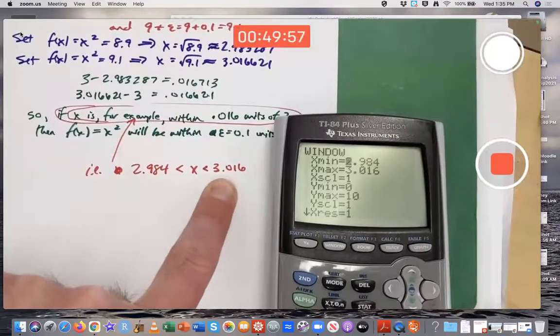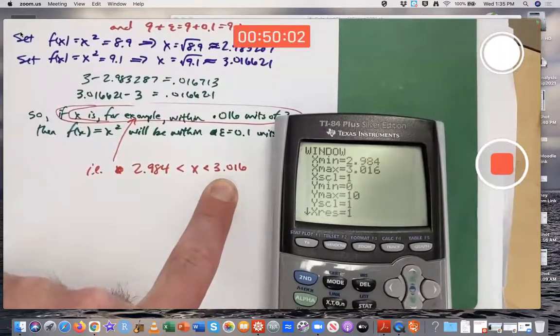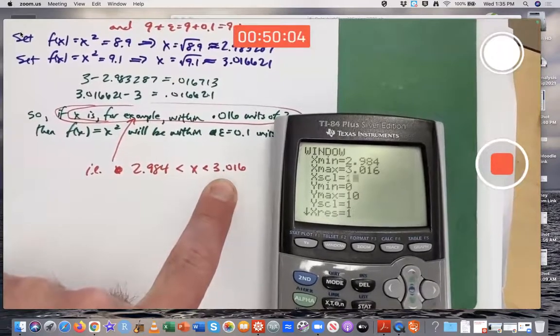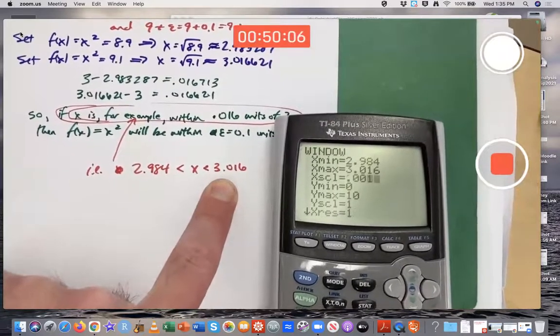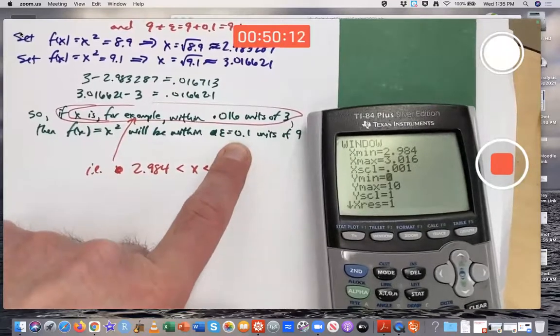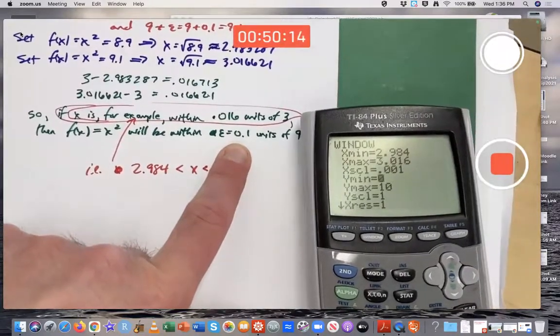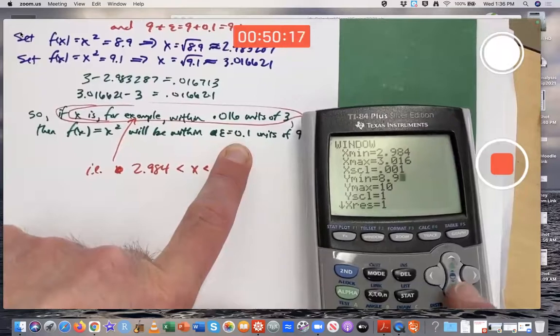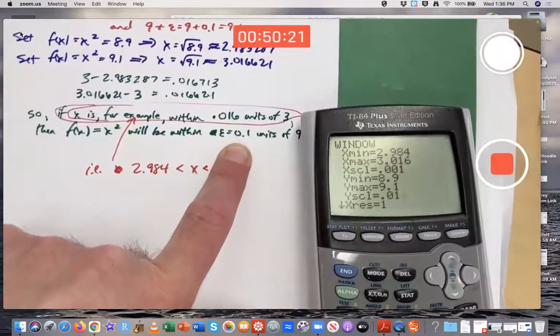2.984 and 3.016. And you know, the x scale here makes the tick marks so far apart. We could make this be, say, 0.001. And then pick the y min and y max to be 8.9 to 9.1. And make the tick marks there, maybe 0.01 units apart.